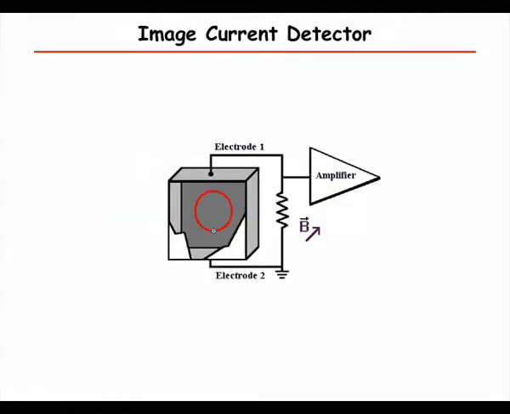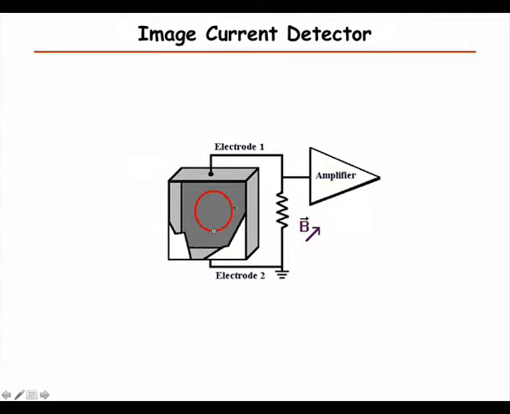Then for the image current, what you do is you make your peptide go round and round inside a box where you have two electrodes, and you're measuring the image current.